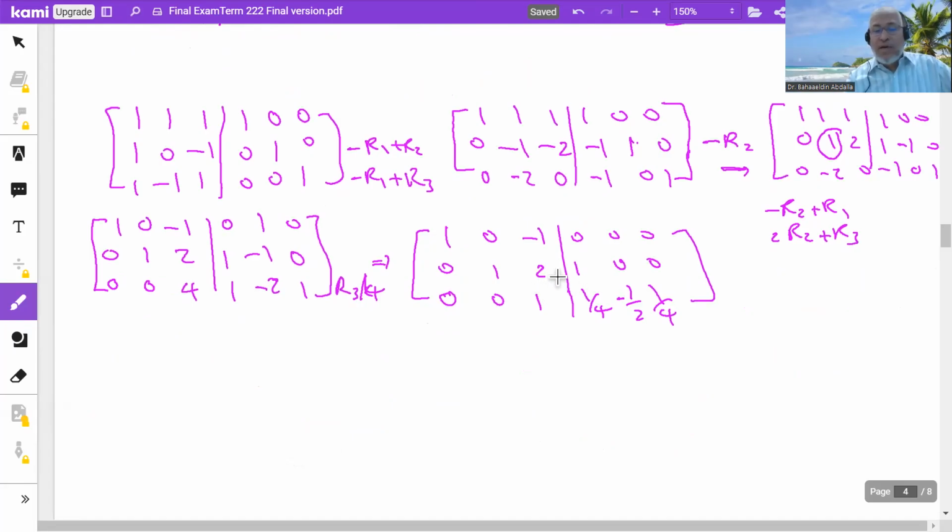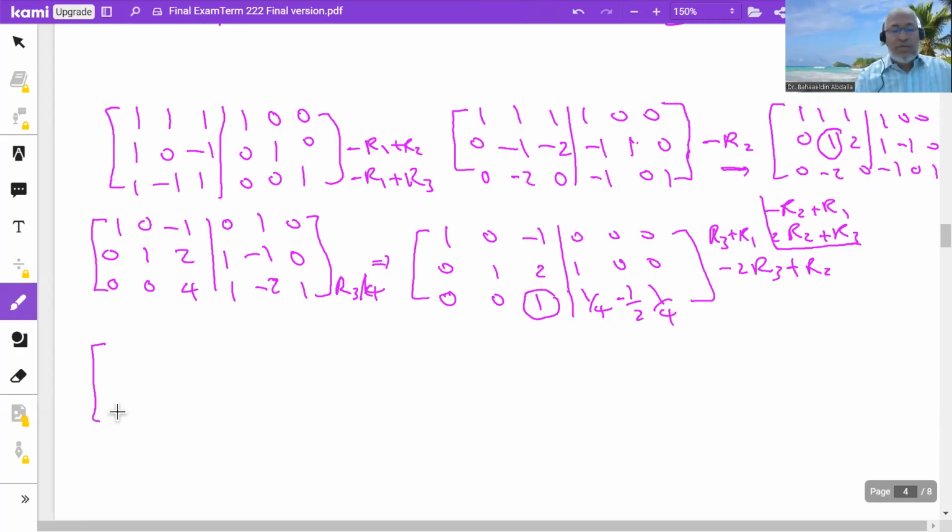Okay, now I have to get rid of this 2 and negative 1. I have to change them to zeros. So I will use this one, which is the leading one in column 3. So negative 2R3 plus R2 and R3 plus R1. So the new matrix will be, of course, this row is not changing anymore now.